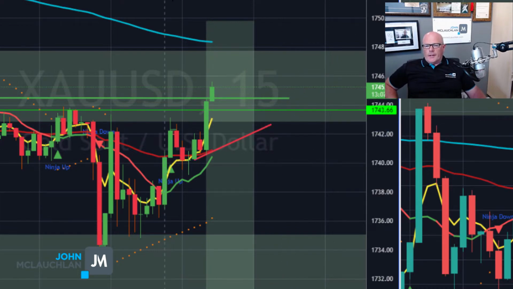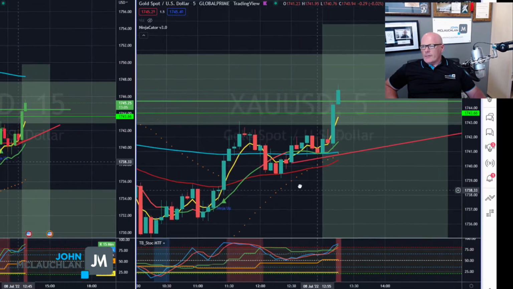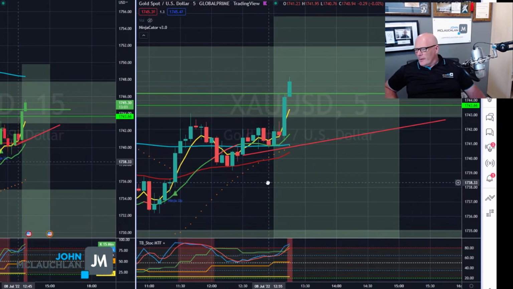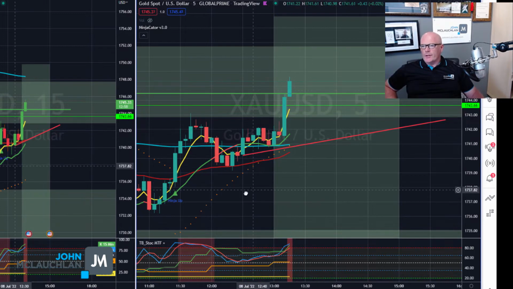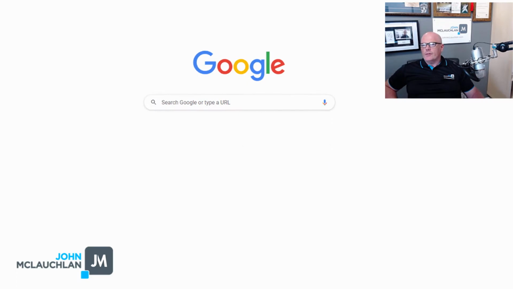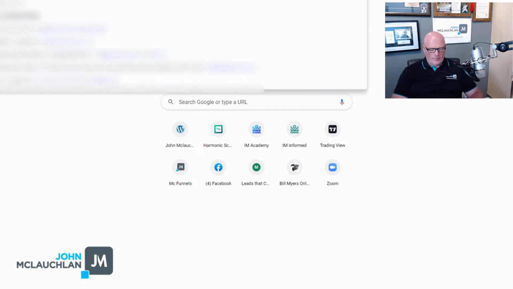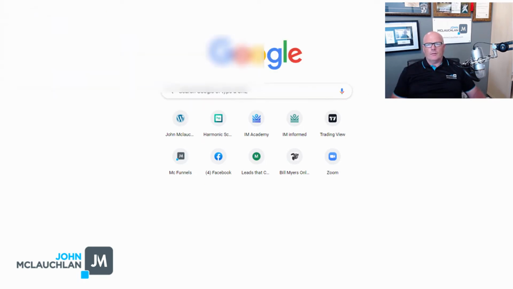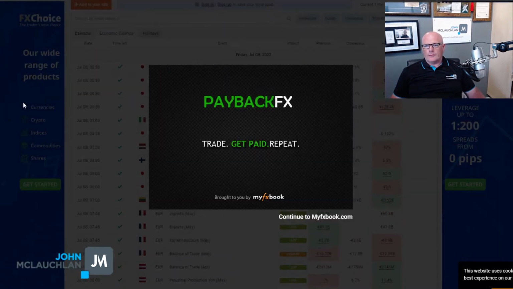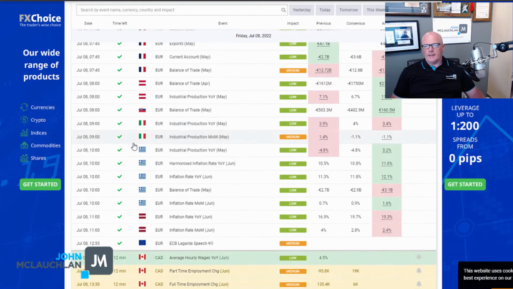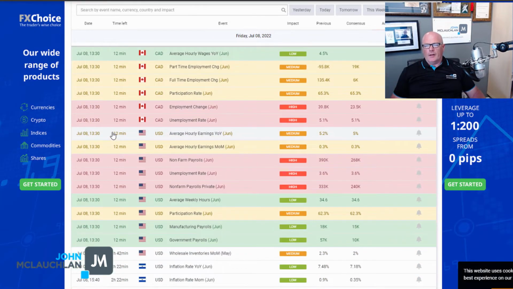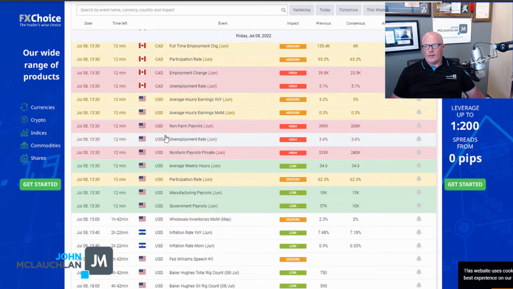Right, okay, so let's take our information from the 5-minute. We've got 3 minutes left on this time frame. Price looks like it's pushing up. We haven't gone and checked the news yet, so we look at the news. So my Forex book. Look at the calendar, see what's happening. 13:30, yet again an abundance of US news.